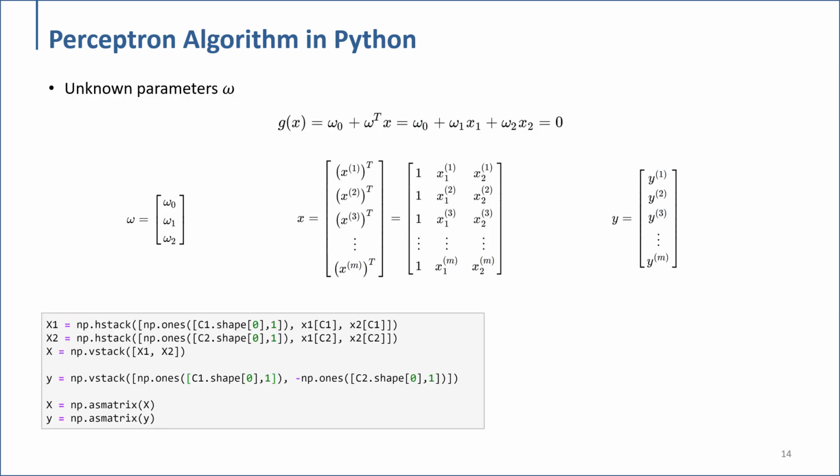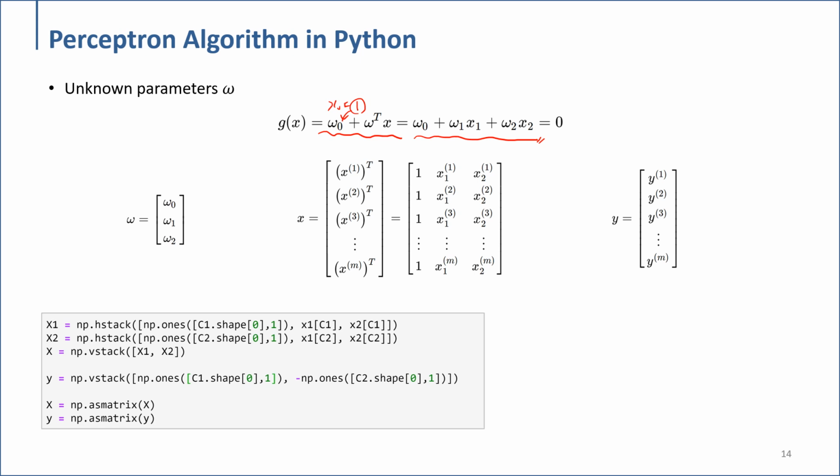As we discussed in the previous slide, for g(x), we introduce an additional artificial coordinate x naught, which is just 1. So here we can rewrite g(x) like this.